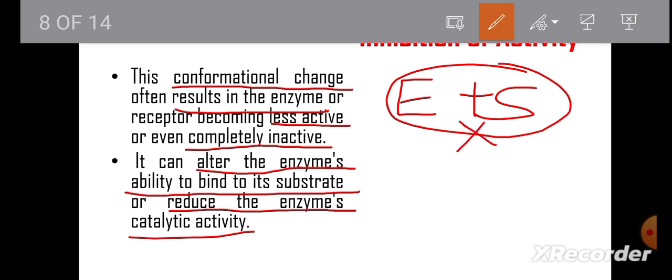So it alters the enzyme's ability to bind to the substrate or reduces the enzyme's catalytic activity. Since there is no ES complex formation, there is no product at all.